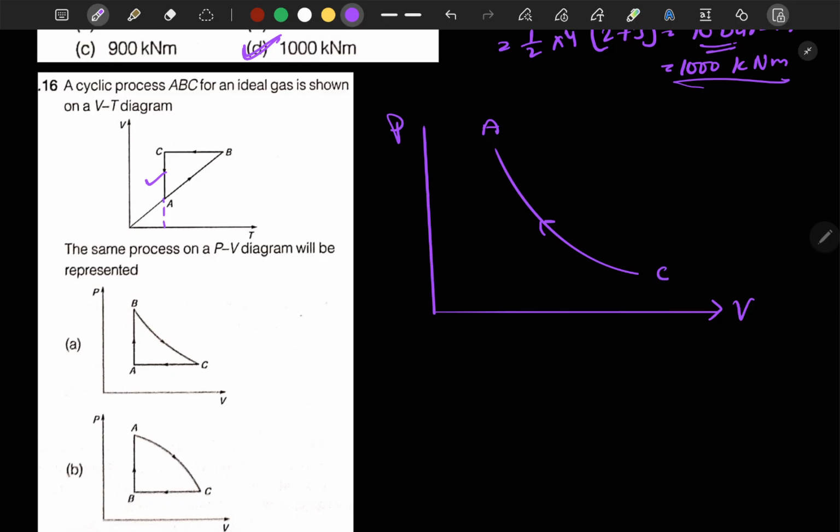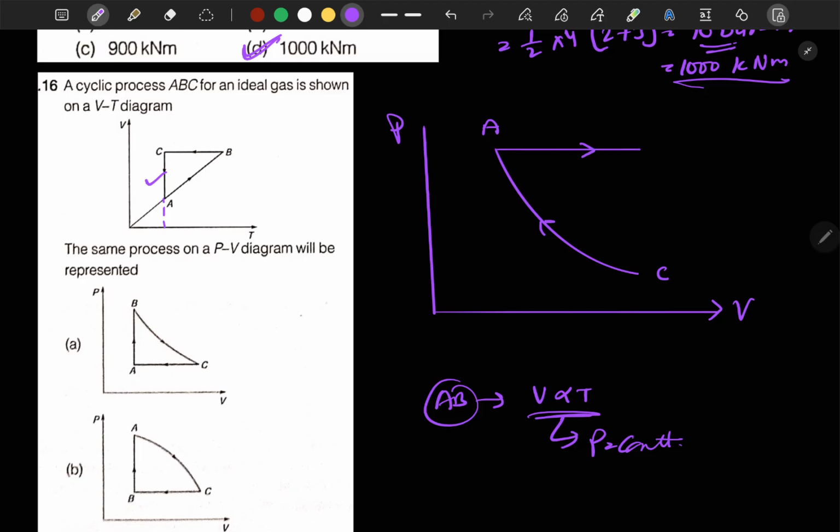Now after that we can see that here it is line AB. For AB, we can say that volume is proportional to T. This happens when pressure is constant. So we can write AB at constant pressure. Now see one more thing: from A to B, the volume is increasing.